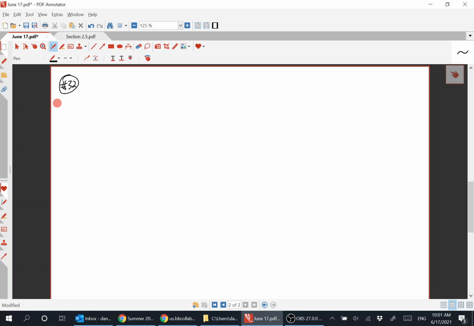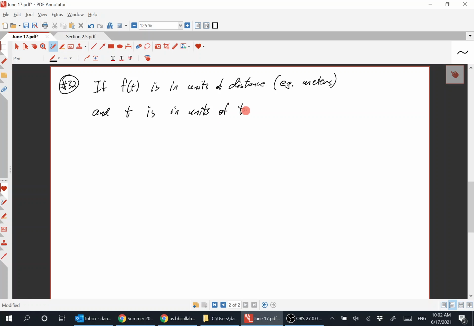So in number 32, before we even start, if f of x or f of t is in units of distance, so for example, let's say meters, and t is in units of time, so let's say minutes, then the rate of change, f of b minus f of a over b minus a, is in distance over time.